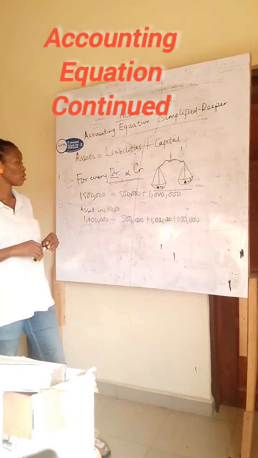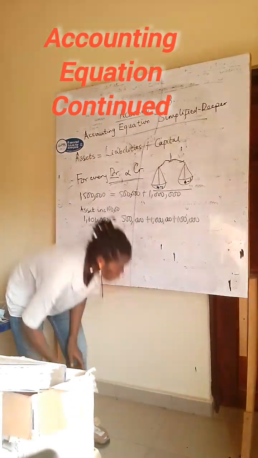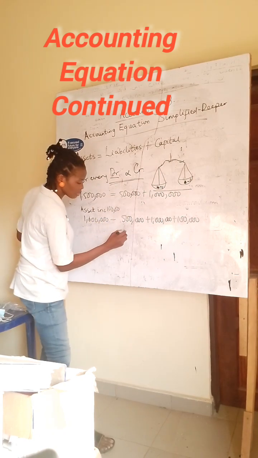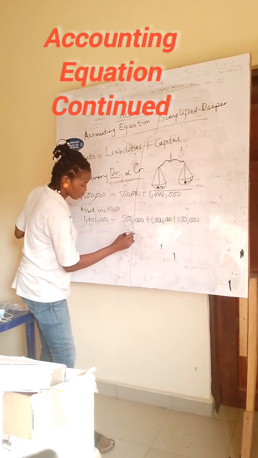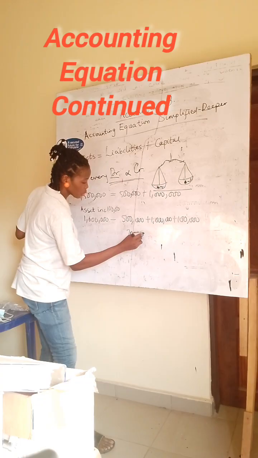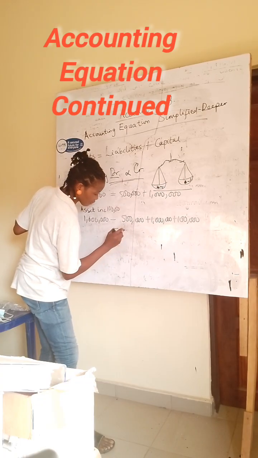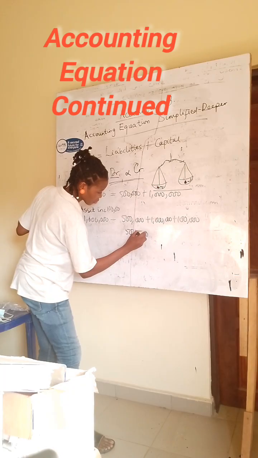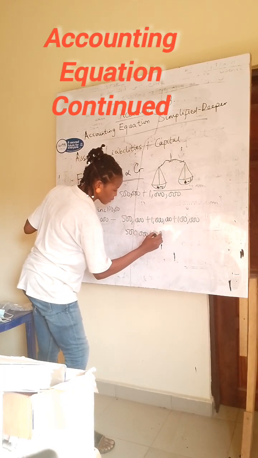The same thing applies if your liability increases. Let's say instead of having 500,000, you now have maybe 700,000. You needed to borrow more money from the bank. So for me to break it down, let me say 500,000 liability, right? That's what you had at the beginning of the day. You now have an extra 200,000 liability.